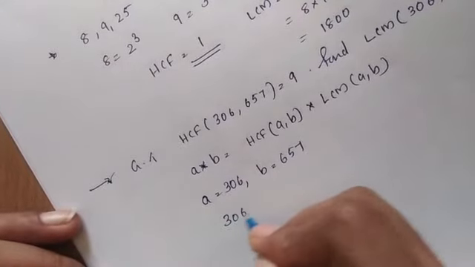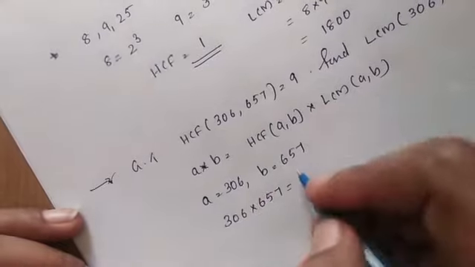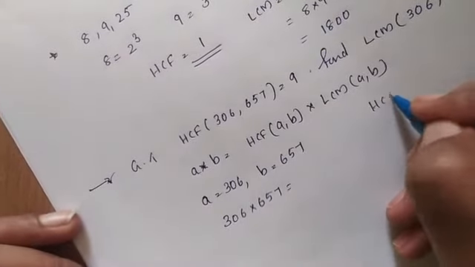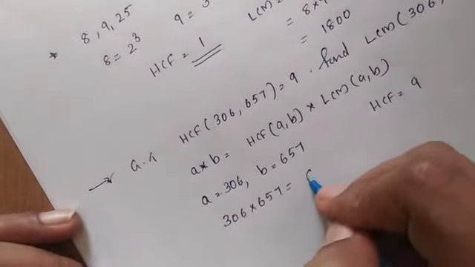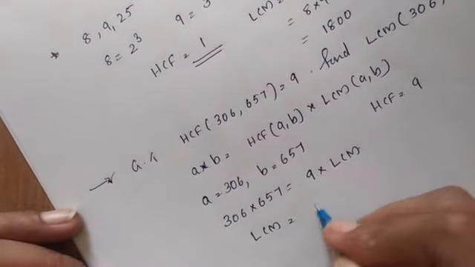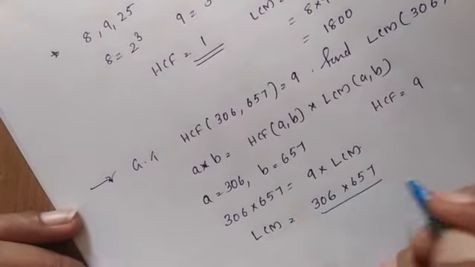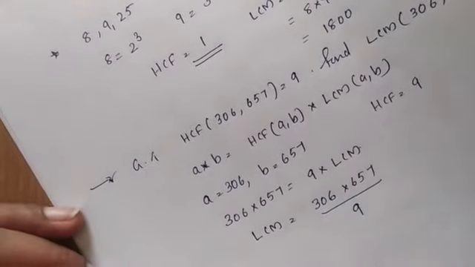So 306 into 657 is equal to HCF, given as 9, into LCM. Then we can find out LCM: 306 into 657 divided by 9.